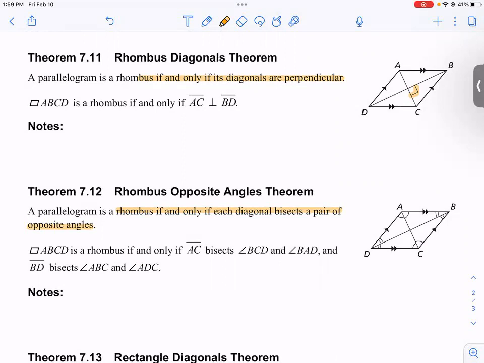Number two, they bisect the opposite angles. So these two angles are congruent, these two angles are congruent, they bisect. These two angles get split in half, this angle gets split in half. Do you see that? Maybe I should draw a picture.